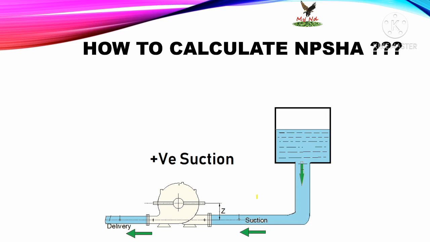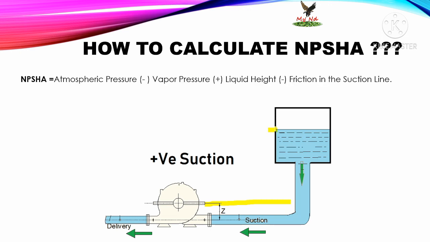Here is the impeller center datum, and this is the water level, above the impeller center. So NPSHA is equal to atmospheric pressure minus vapor pressure plus liquid height minus friction in the suction line.